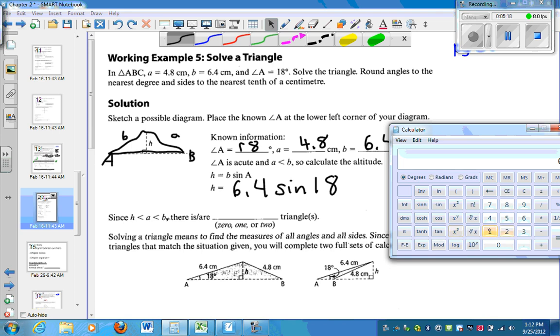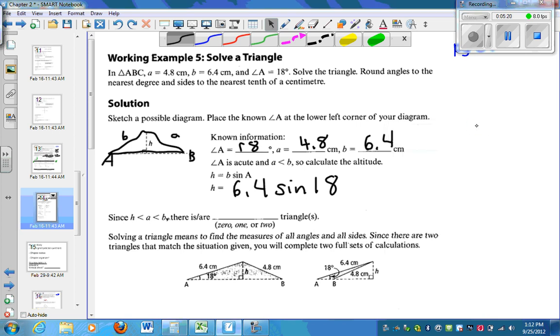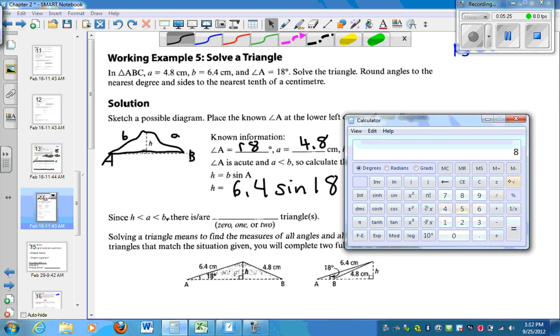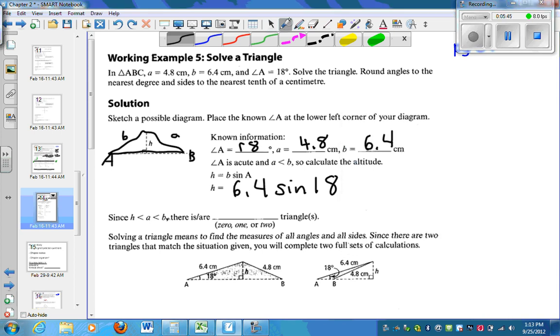I think in my calculator I go 18, then sine, and then times 6.4. Some people can do sine 18 instead of 18 sine, depending on your calculator. It's 1.9777.